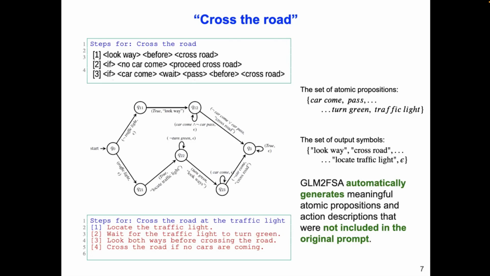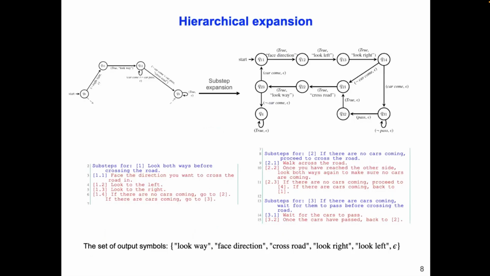Let's proceed a little bit. Of course, you can start asking, you have these steps, but can you elaborate on the steps? You can get sub steps, and you can expand your automaton. One thing that we realized, and this is not a surprise at all, is that the automaton we got, even for this very simple case, can introduce inconsistent or unnatural steps.